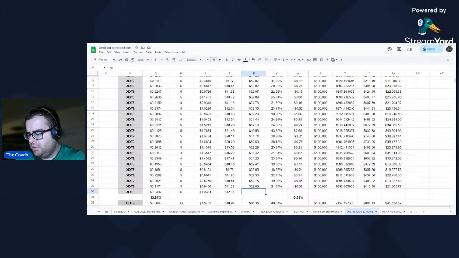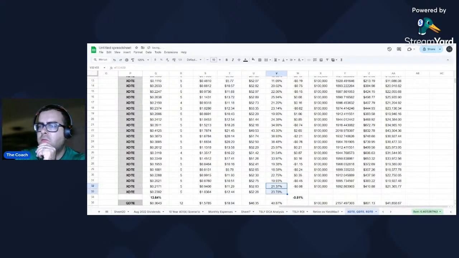Current share price, let's see, hopefully it didn't move too much. Okay, so for XDTE, which some of you say is the best one, it did move about 60 cents in the wrong direction, shall we say. Okay, 52.28. The yield is 23.79%.